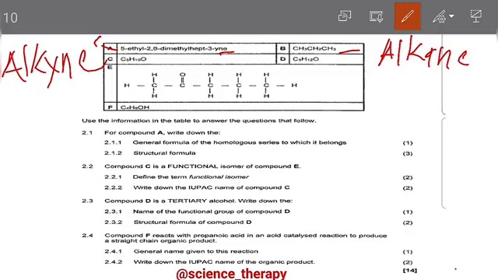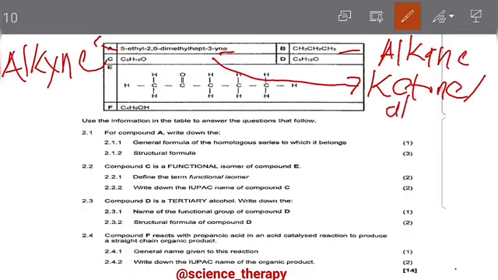Then C, that's C5H10O. Looking at this molecular formula, we can tell that it either belongs in the ketone homologous series or the aldehyde. So this corresponds to the general formula that we see there. Remember your ketone and aldehyde have the same general formula. Hence, we haven't confirmed where C belongs.